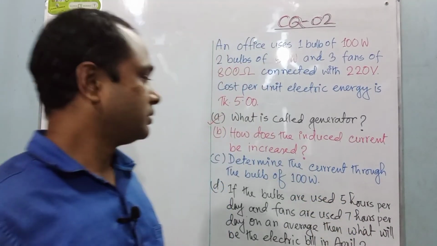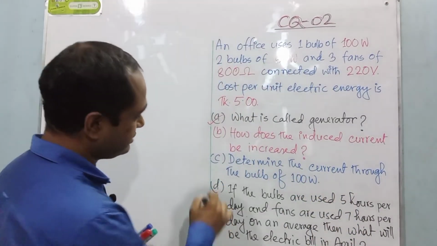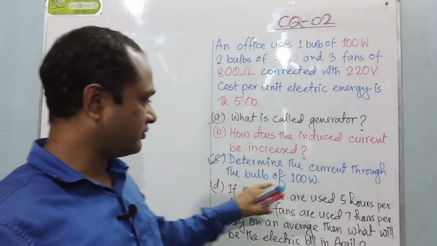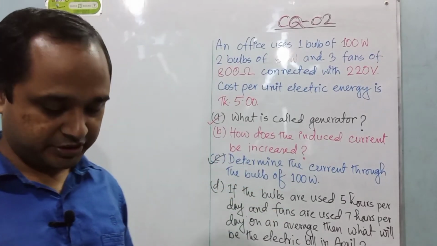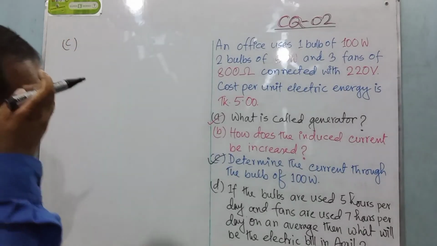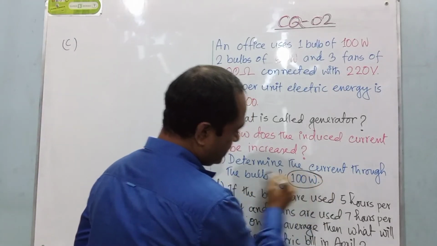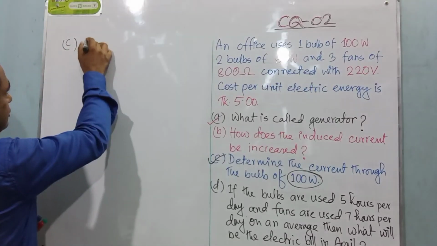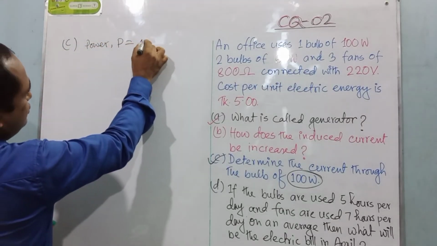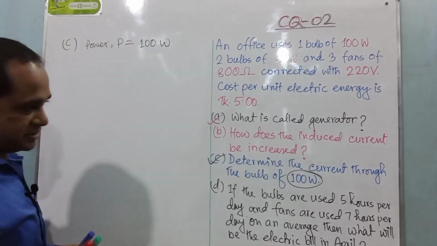Now we are going to solve our next question. Question C. Determine the current through the bulb of 100 watt. Here the power of the bulb is 100 watt. So power P is equal to 100 watt, right?